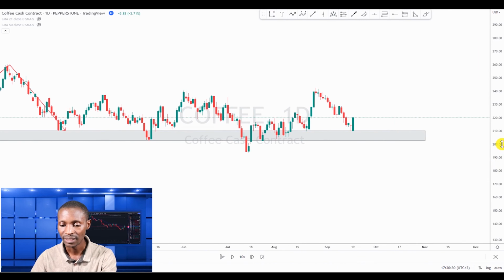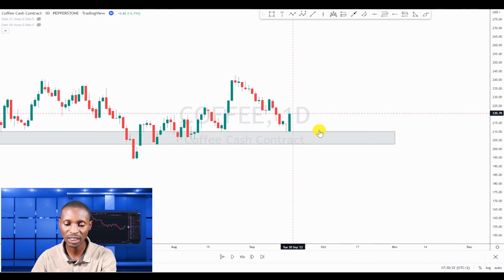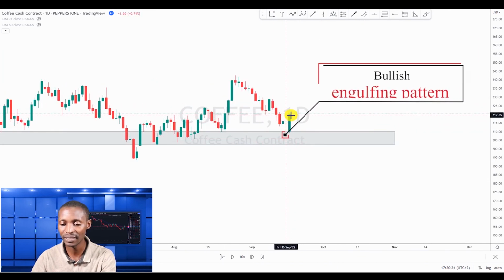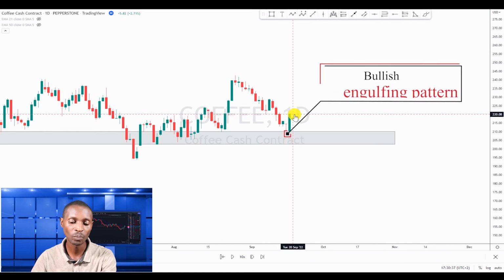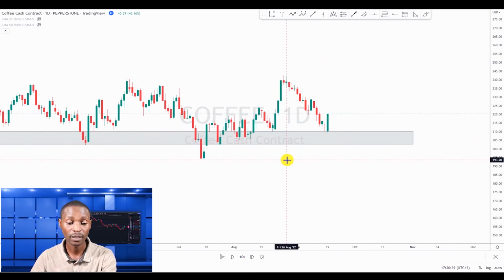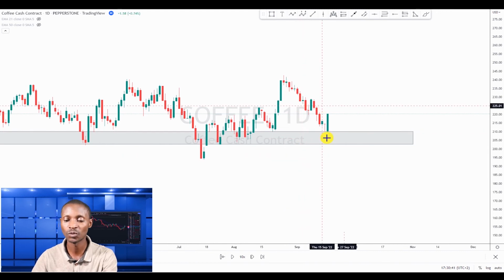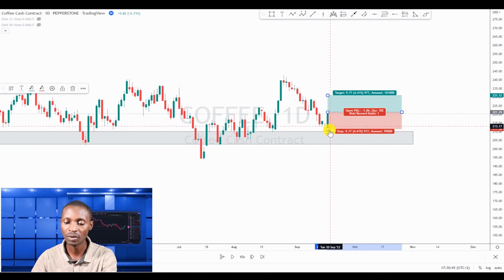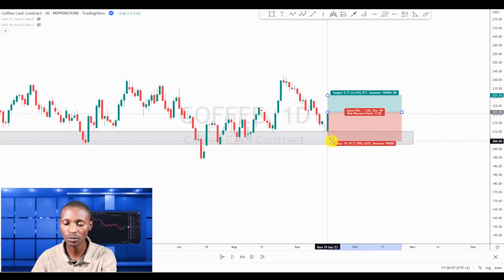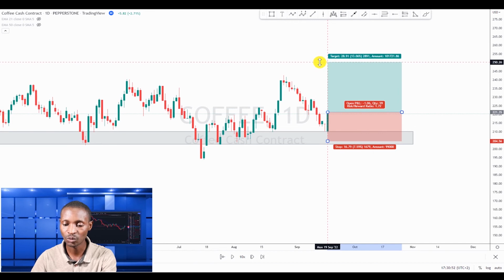As you see, it has formed a nice bullish engulfing candlestick pattern with a huge momentum bull candle. So following our concept, this is where we need to pull the trigger and set the entry above the pattern and the stop loss below the pattern, and the target is set at a reward to risk ratio of 2.